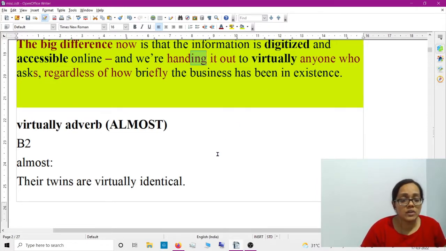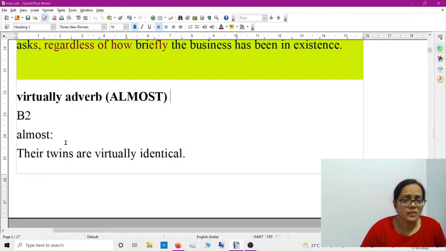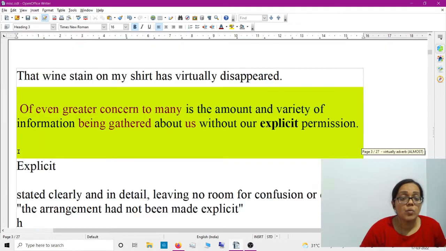Almost to anyone. That is the meaning. Almost, virtually. So, better word, virtually anyone. So their twins are virtually identical, almost. That wine stain on my shirt has virtually disappeared.